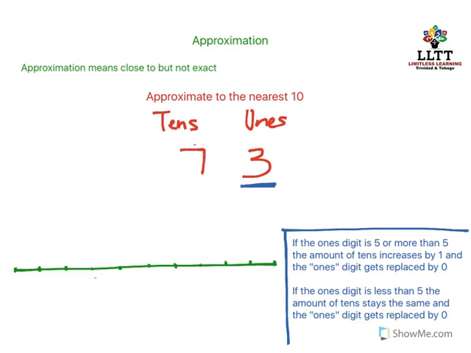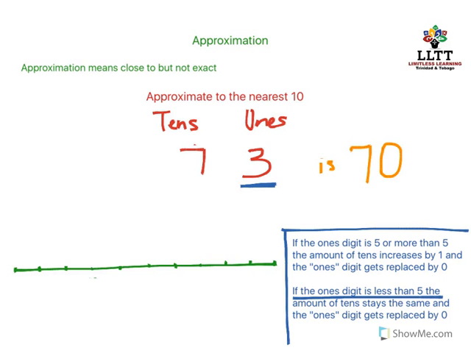That's 3. 3 is less than 5. So if 3 is less than 5, the amount of tens stays the same. The amount of tens we have is 7, so that stays the same, and then we replace the ones digit with a 0. So 73 approximated to the nearest 10 is going to be 70.